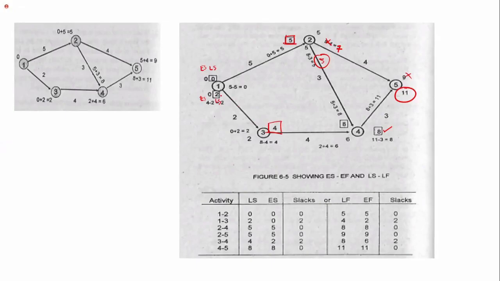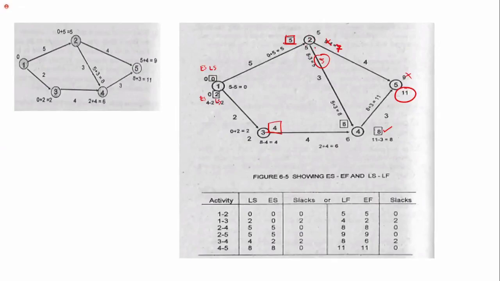Okay, back to the backward pass. As we followed earlier, 11 minus 3 is 8, 8 minus 3 is 5, and 8 minus 4 is 4. For activity 2 to 5, we have 11 minus 4, which is 7.